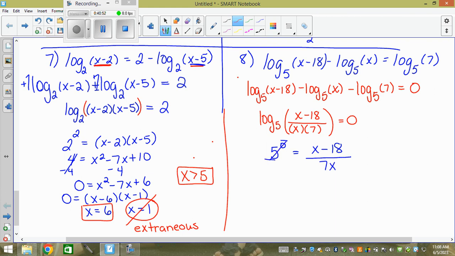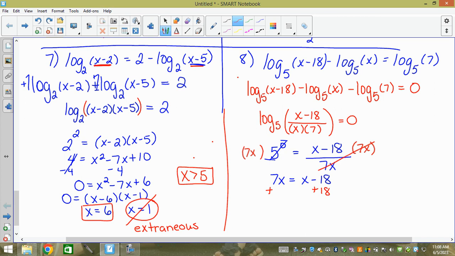Then what's my next step? Multiply by 7x. So I get 7x times 1 is 7x equals x minus 18. Add 18. That's a lie. I meant minus x. I don't know what I'm doing.